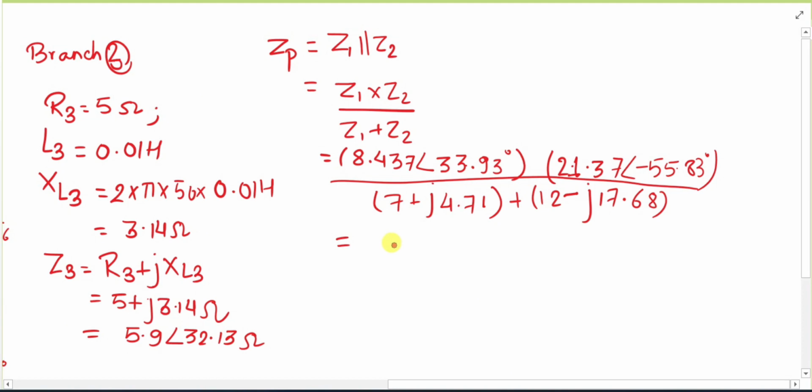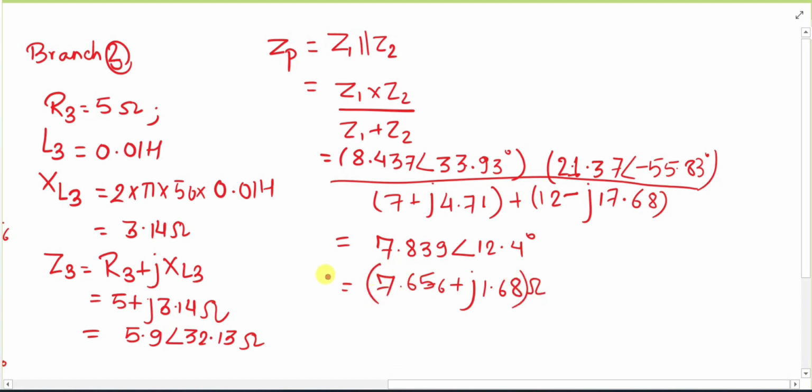If you are having any problem, you can mention it in the comment section so that I will provide the related video. The answer will be 7.839 angle 12.4 degree, and in rectangular form you can write it as 7.656 plus j1.68 ohm.